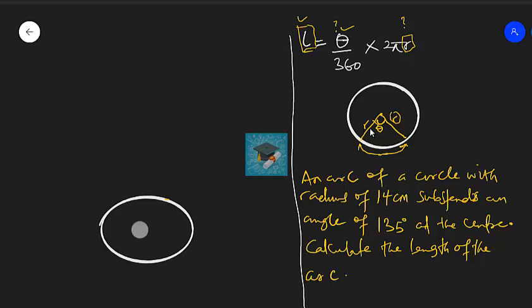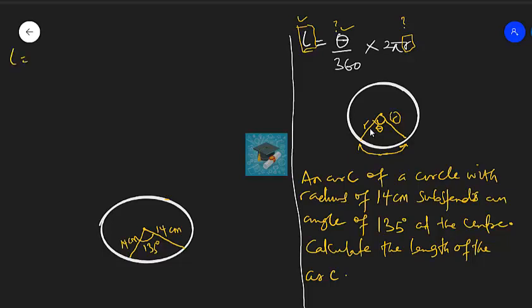The radius of this circle is 14 centimeters, which means that from the center of the circle to any part of the circle is 14 centimeters. And the angle subtended at the center is 135 degrees. You are told to calculate the length of the arc.